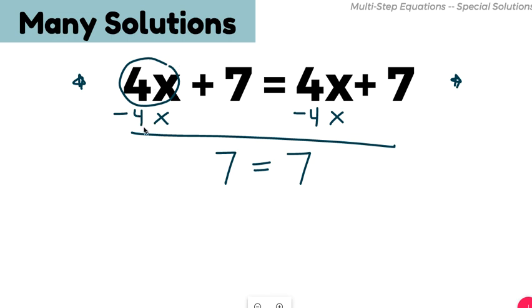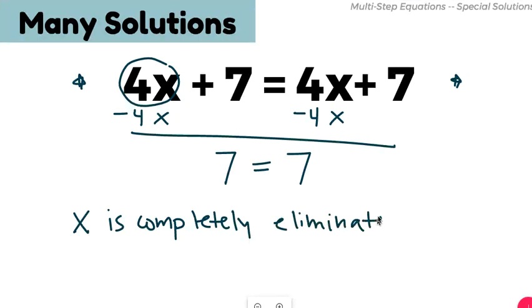And if you notice, my variables cancel and my x disappears. My x is completely eliminated, and I end up with a number equaling the same number.